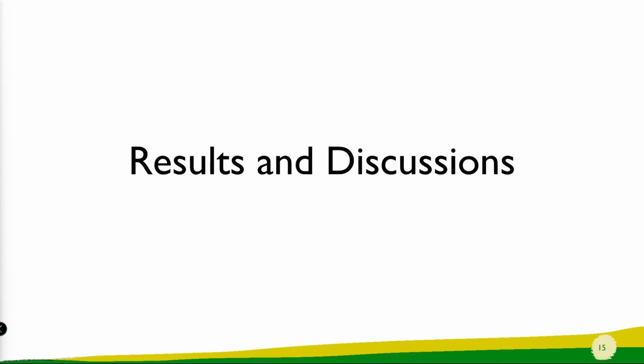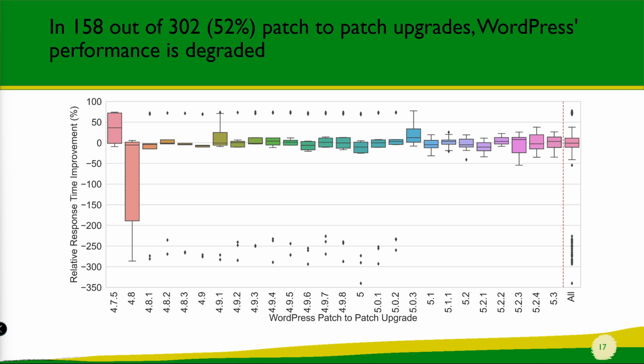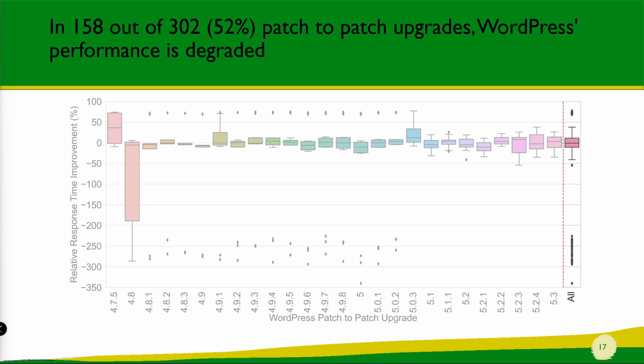So now it's time for results and discussion. The first research question is, what is the impact of upgrading the Docker image of WordPress on its performance? This figure shows the relative average response time for all WordPress patch-to-patch upgrades. The last box plot shows all 302 possible consecutive patch-to-patch upgrades for the WordPress application.